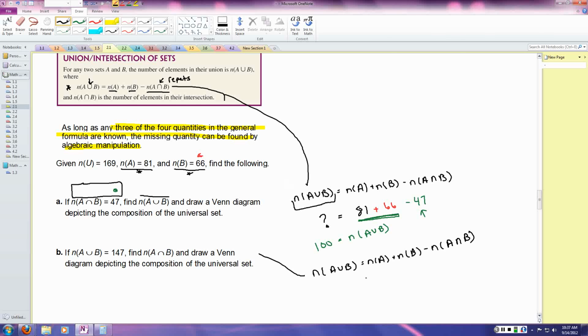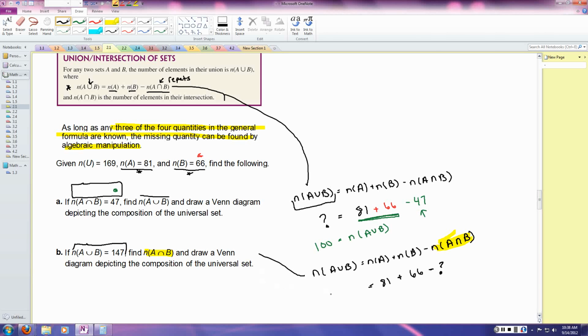So I know the number of elements in A was given as 81, and the number of elements in B is given as 66. In this example, they're asking me to find the number of elements in A intersection B. So they're asking me to find this quantity. So this would be minus the question mark, and over here, they're giving me that there's 147 in the union.